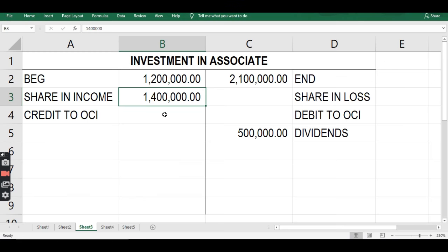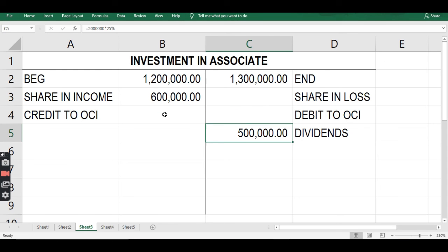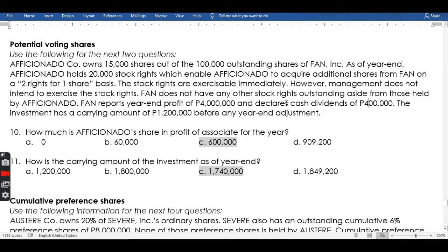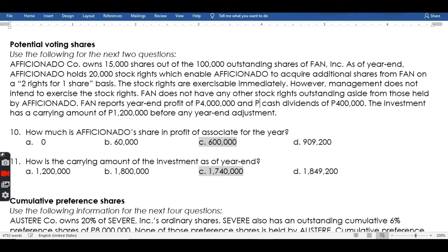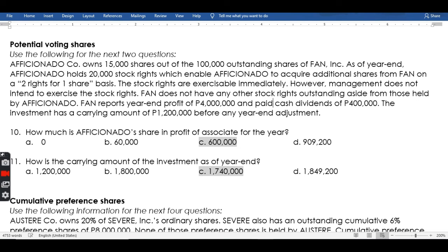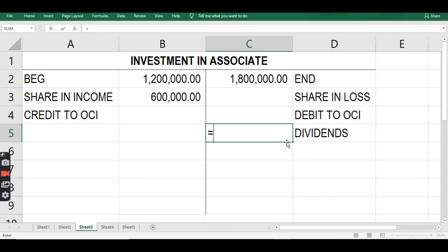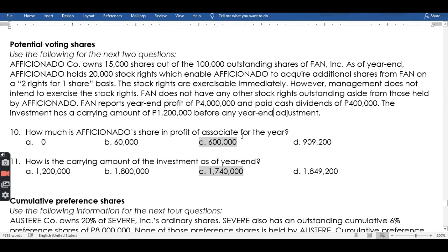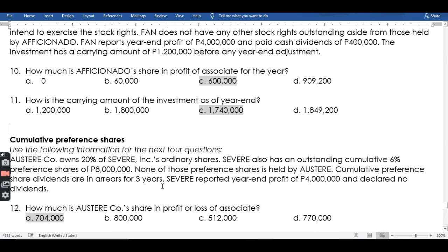Then our share in income is 600,000. That makes 1.8 million if we do not include the dividend. But basically, we recognize a dividend of 400,000 times 0.15. So this will be your balance, 1,740,000. So that's going to be letter C. That's our answer there.